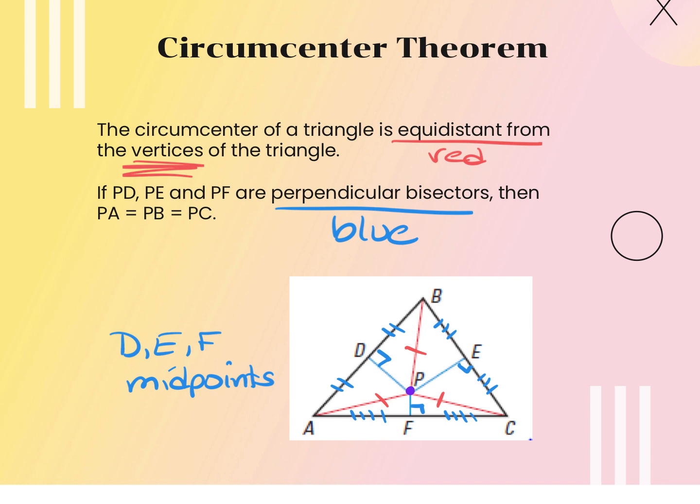The vertices are A, B, and C, so I could draw a segment coming out of P to each vertex and all of these red lines are going to be congruent. Now, the perpendicular bisectors, the blue ones, are not congruent. Only the segments coming out of the circumcenter to the vertices are the congruent segments.